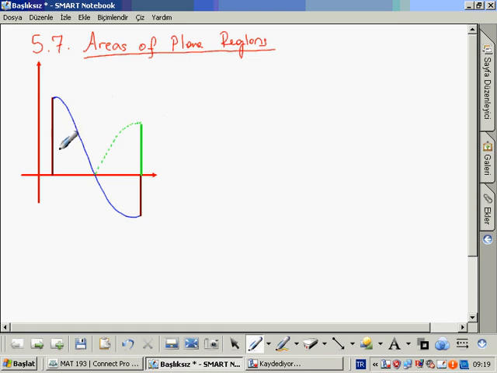This is A1. This point is C, this is point A, this is point B, and this area is A2, and this area is A3.